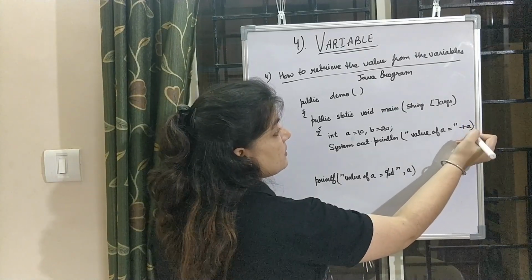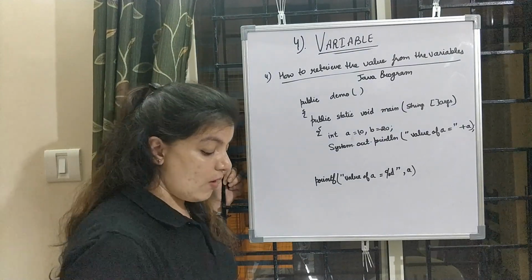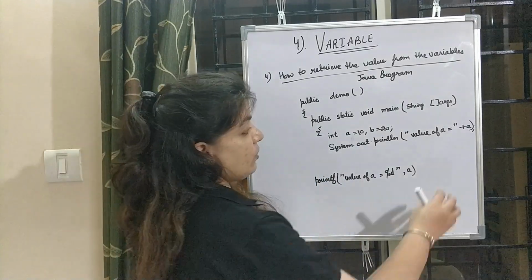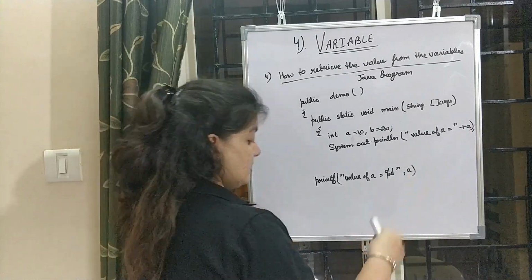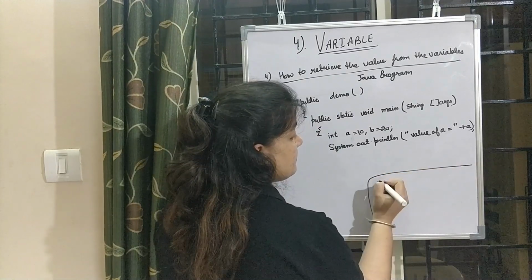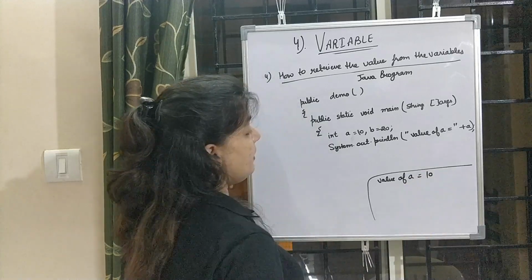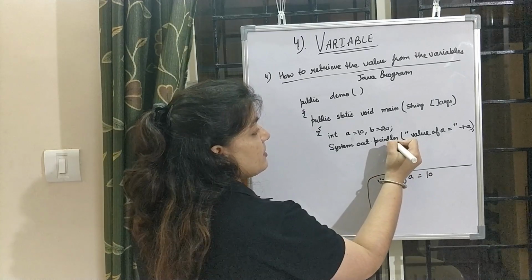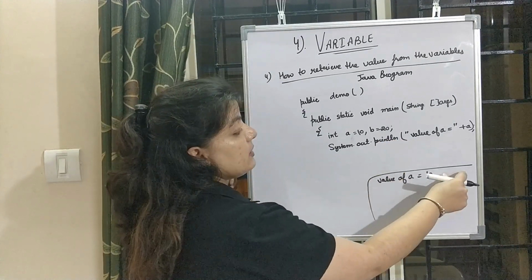So how do we retrieve the value of a? To retrieve the value of a, we don't need to write a comma, we just need to write plus a. Whenever we execute this code, the output will be: value of a is equal to 10. Now I want to print the b value. If we use only print, it will print on the same line.